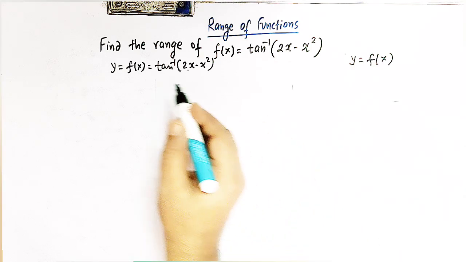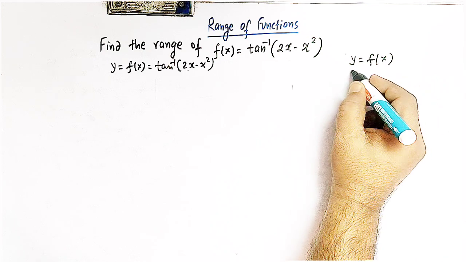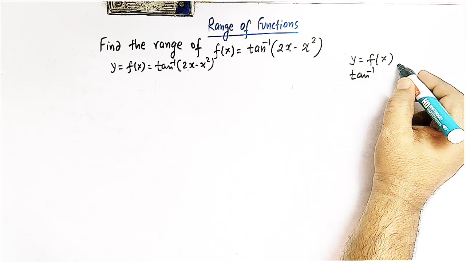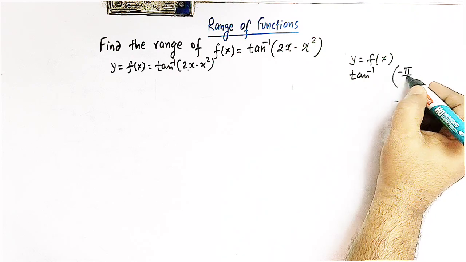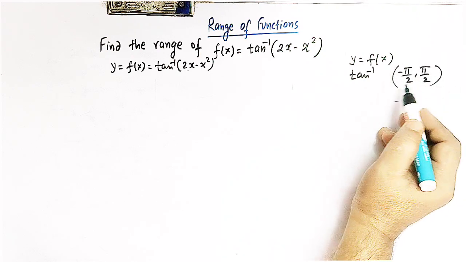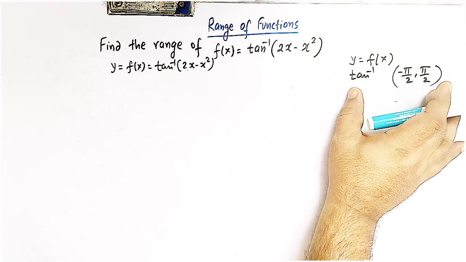And then from inverse trigonometric functions, we know that the range of the function tan inverse is given by minus pi by 2 to pi by 2, right? And here we have the open interval. So this is the second thing.